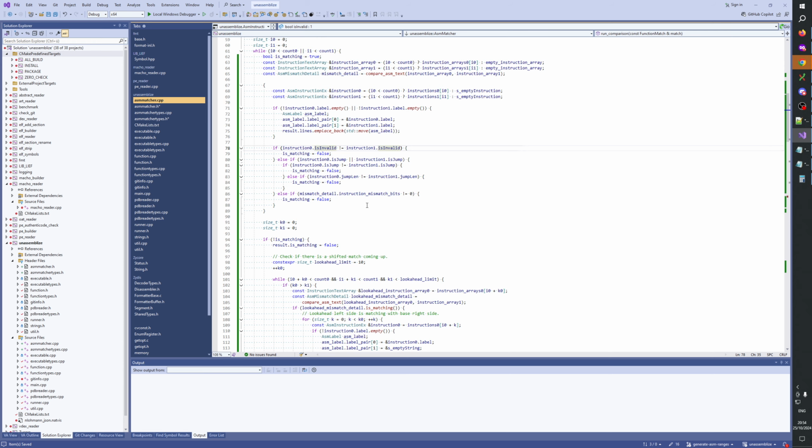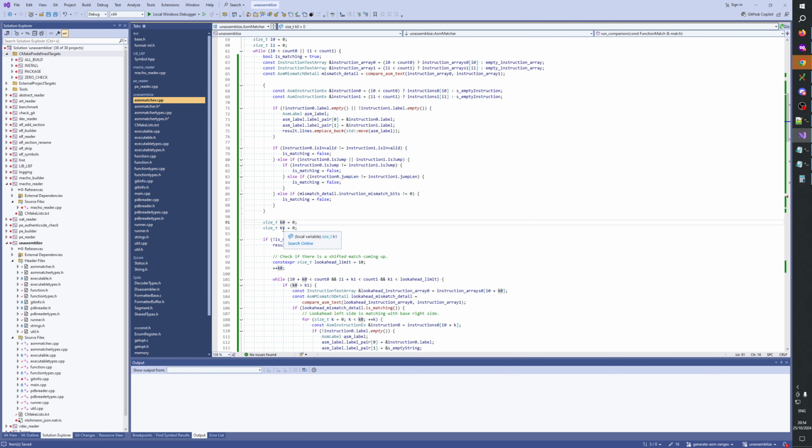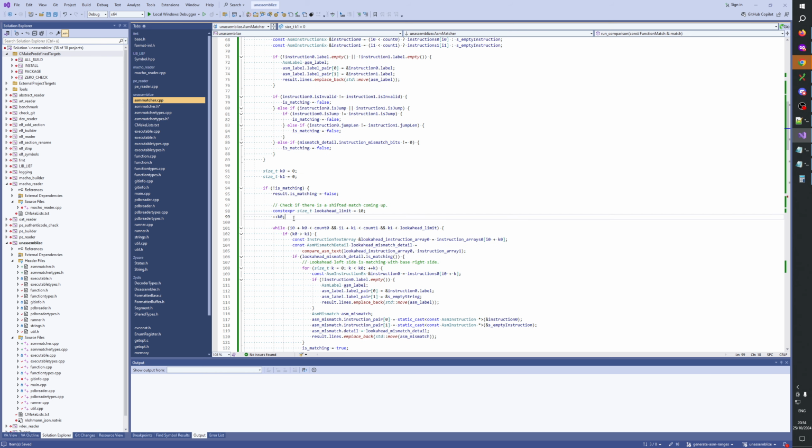It's fine, yeah. Okay, so is invalid false. Yeah, I assume that this is correct. Good, so K0, K1, both set to 0. Okay. Is mismatching false? If not, is matching. Yeah, so this is correct.